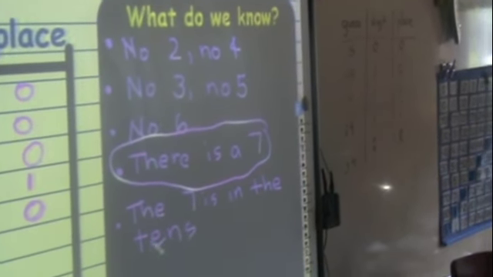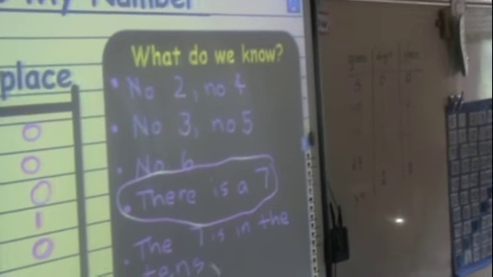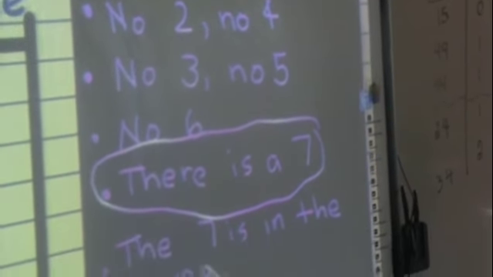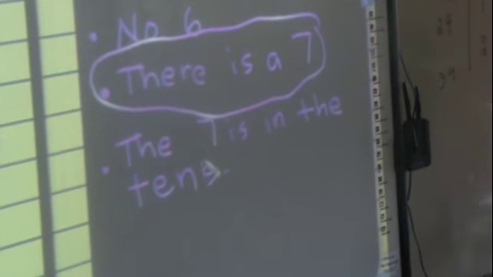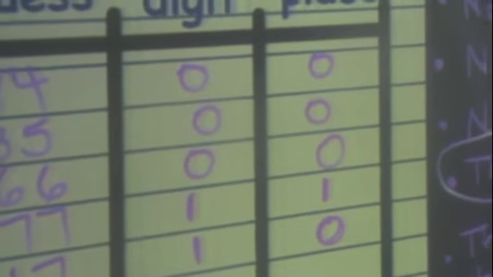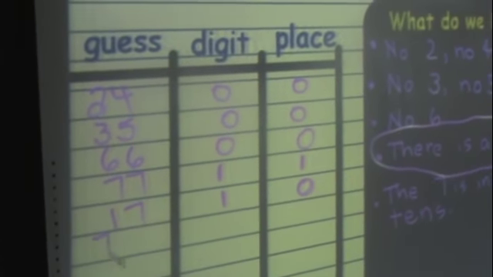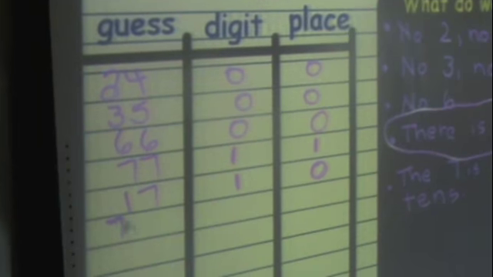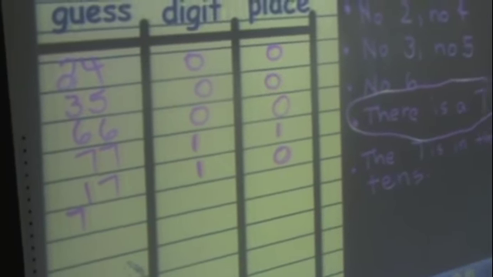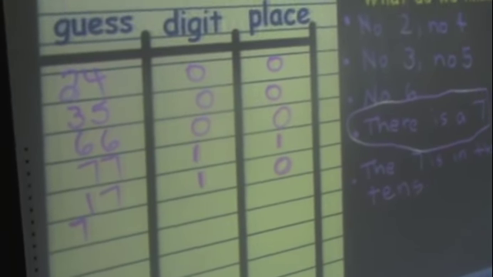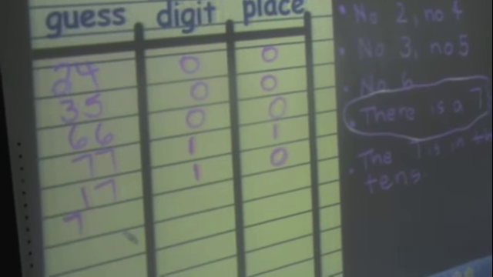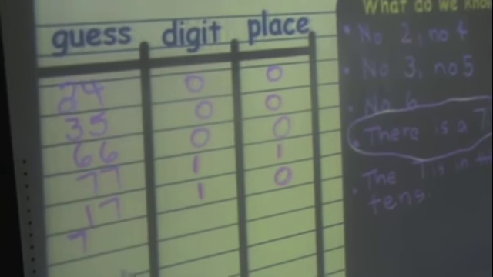All right. What else do we know? What do we know about the 1's place? Put your hands down and think for a second. When you give me your guess, because now Zuli Kate just said it's going to be in the 10's place, right? The 7. So we're going to give you a number with the 7. What do you know about the 1's? So we know the 7 is not in the 1's.